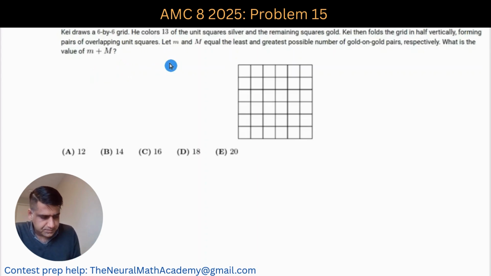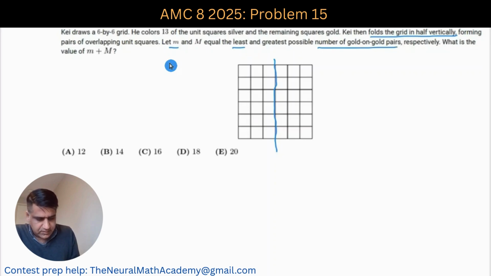Based on the given information, we can see that he is folding the grid in half vertically. So that means he's making a cut here. Small m represents the least number of gold on gold pairs.